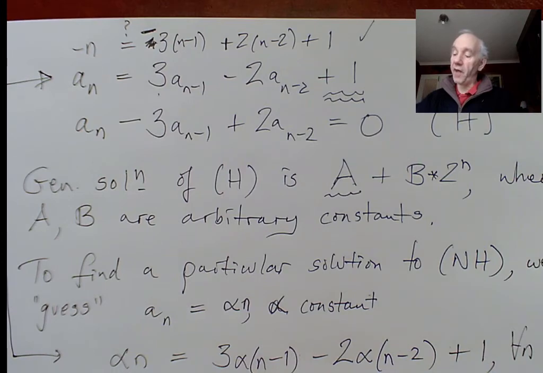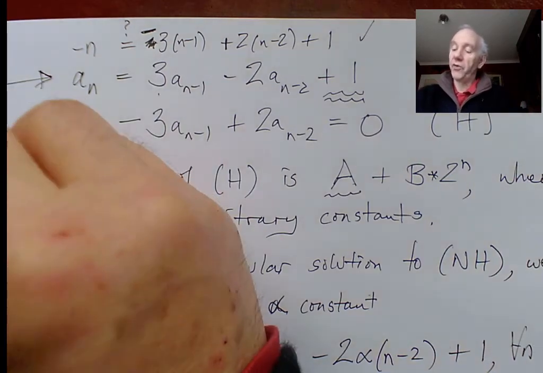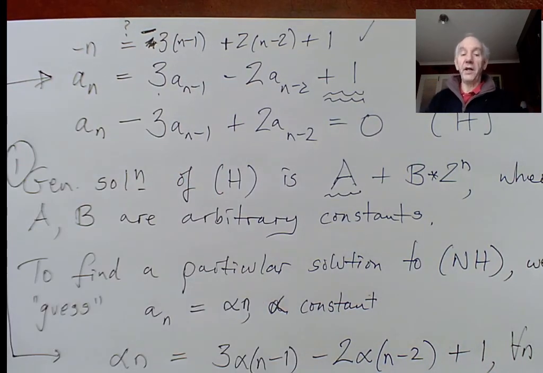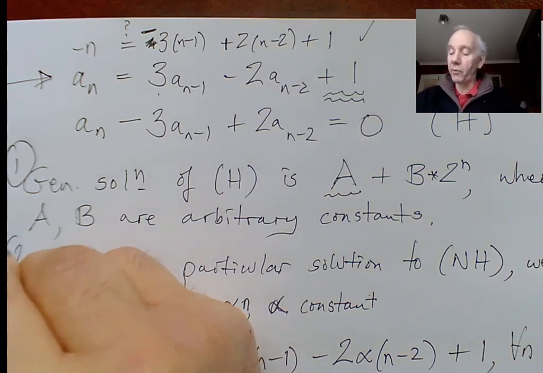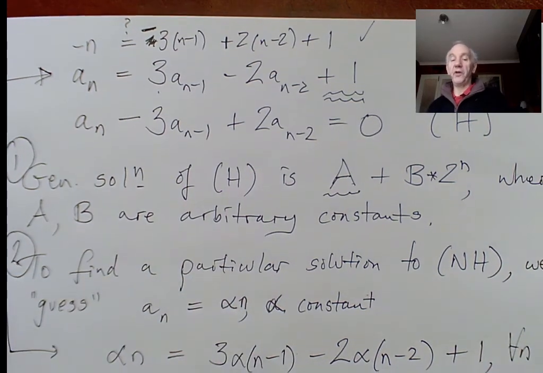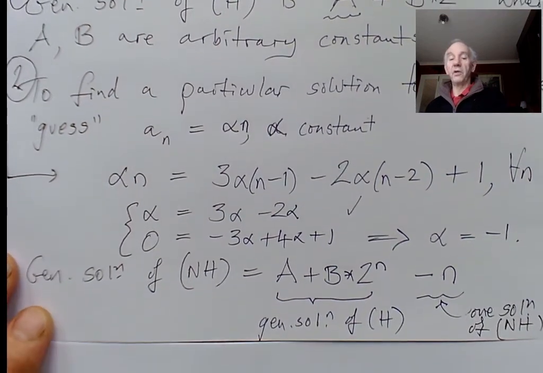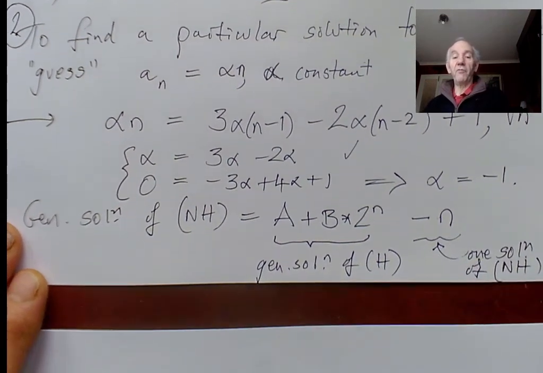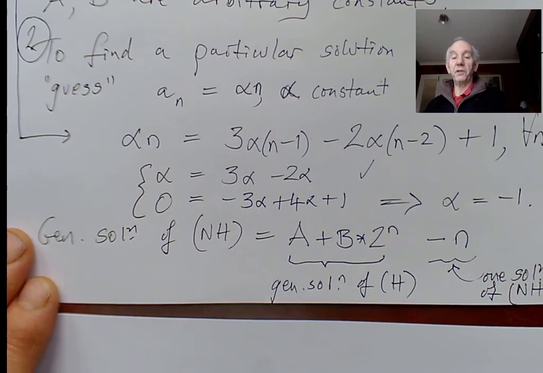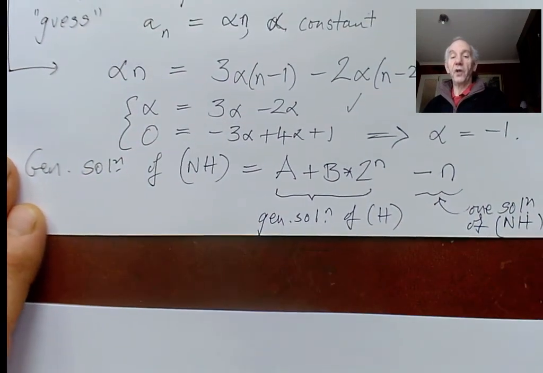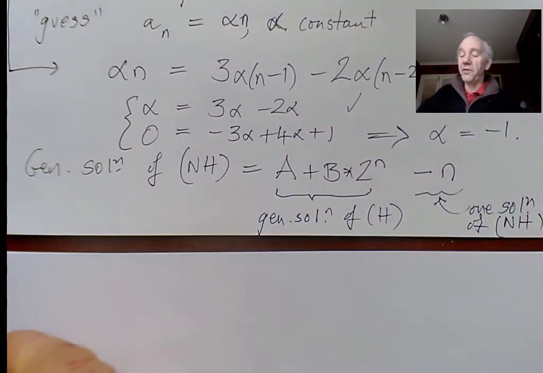The work for that was on the previous page. The second step was to find a particular solution. We could stop there if we weren't given initial conditions, but because we were given initial conditions, we have to satisfy them.